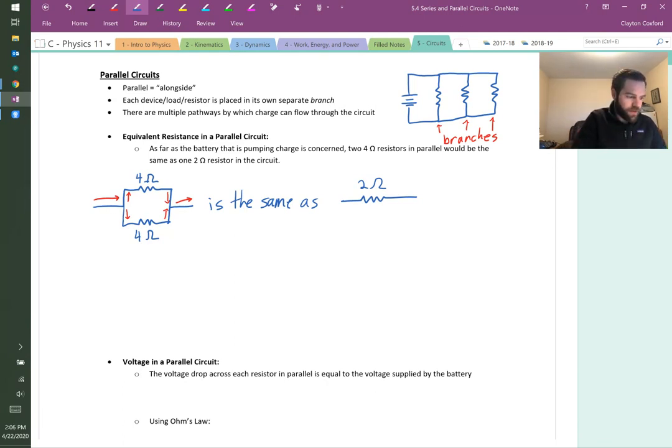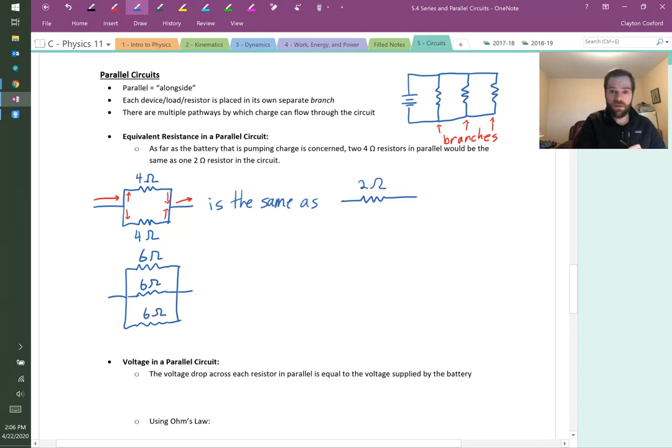Another example, if we have, let's say, 3 6 ohm resistors, so here's a 6 ohm resistor. Let me draw that 6 a little better. Try that one more time. 6 ohm resistor, here's a 6 ohm resistor, and here's a 6 ohm resistor.